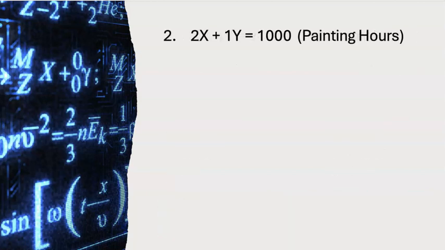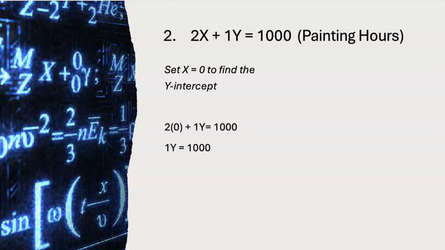Second one, 2x plus 1y is equal to 1000. Remember we didn't really have to put 1y, it's really just y, but I'm leaving the 1 for emphasis. Same principle: we set x to 0 to find the y-intercept, so 2 times 0 leaves us with y equals 1000.